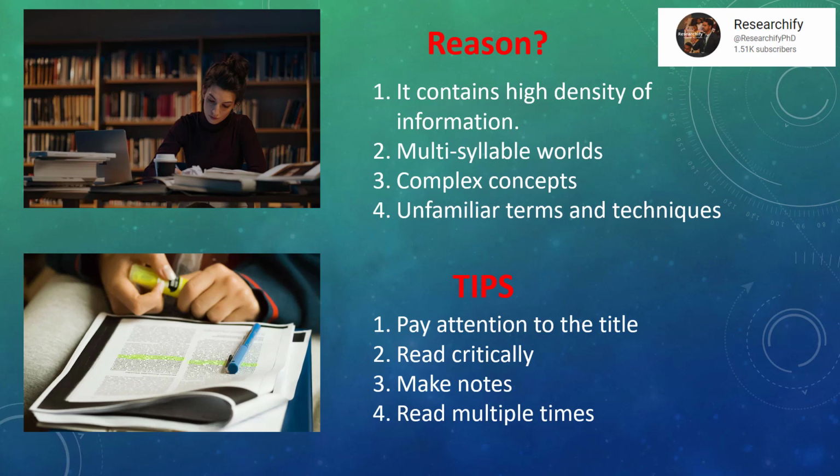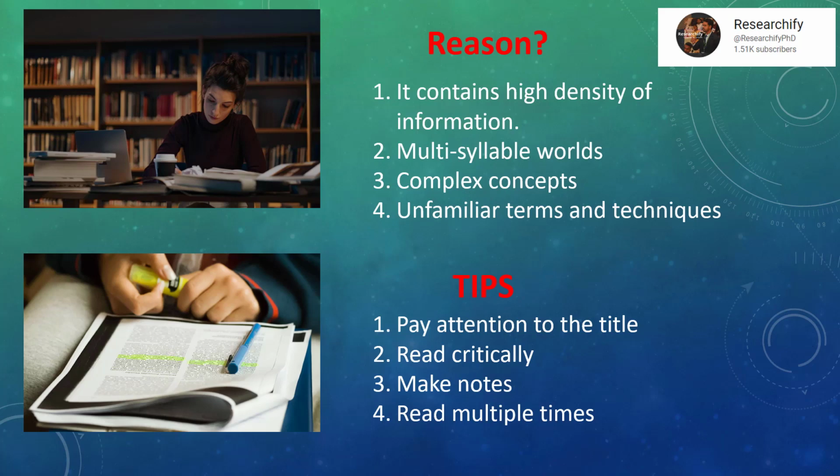Always make notes of difficult points, equations, and findings of the paper. Fourth is read multiple times. But even using these tips, sometimes many researchers face difficulties understanding a complex research paper.